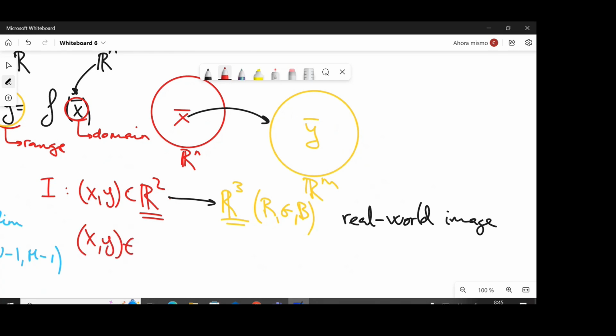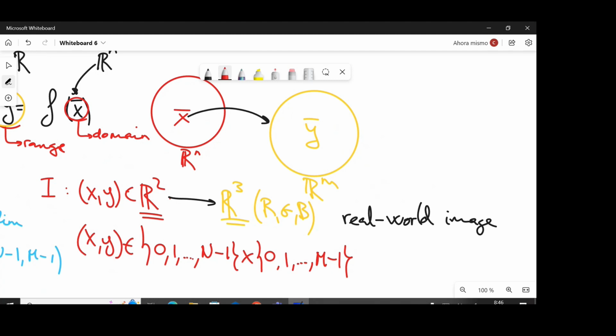So let's say that we go from 0 to n minus 1, so now x and y belong to 0, 1, all the way to n minus 1, Cartesian product with 0, 1, all the way to n minus 1.